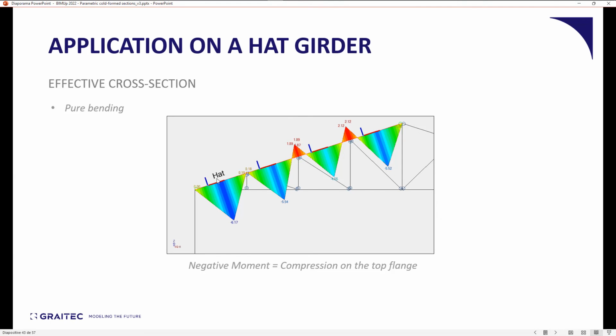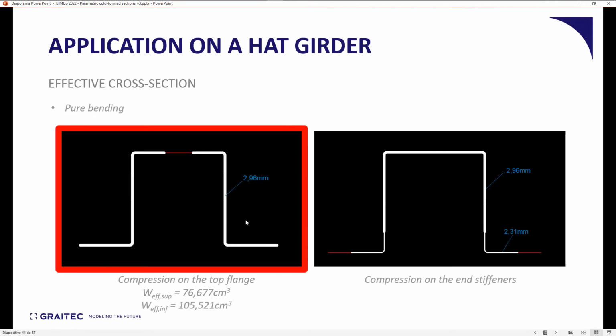But remember that for the critical location, we've got a negative moment, and given the conventions of Advanced Design, that means we've got compression on the top flange. So we can assume that the effective characteristics we will need are the ones bringing compression on the top flange. But anyway, to be completely safe, Advanced Design will also check the tension part of the section with the other value of the effective modulus.